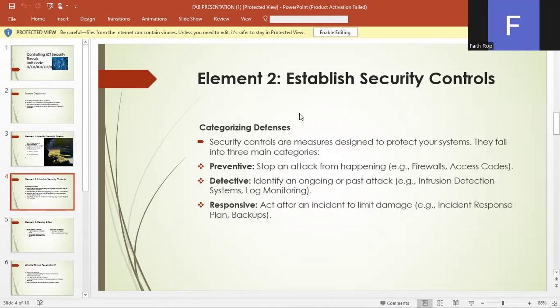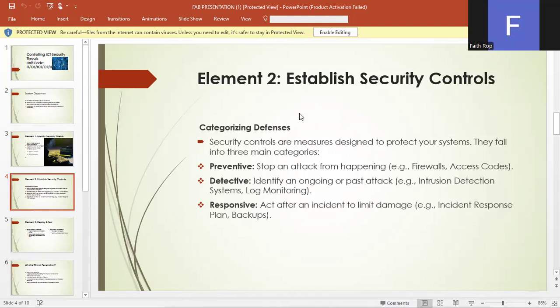Then detective, this is identifying when something is going wrong, an ongoing or past attack. For example, intrusion detection and log monitoring. Then number 3, we have responsive controls. This is the action after an incident to limit the damage.